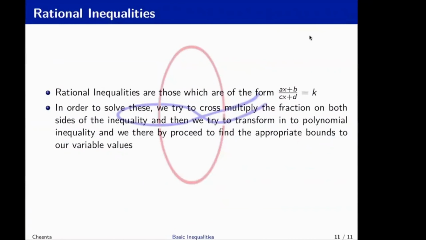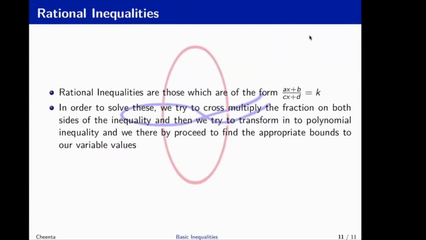To solve this, we cross multiply the fraction on both sides, and then transform it into a polynomial inequality. We thereby proceed to find the appropriate bounds of the variable values. That completes this video. We'll meet in the next video.